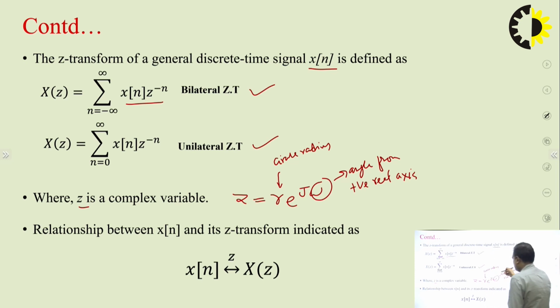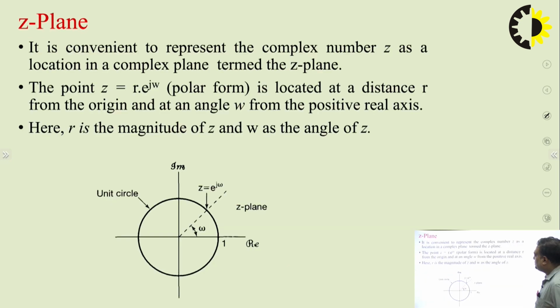This we will see later on also. So the relationship between x[n] and its Z transform is indicated like this. This is the general way of expressing the Z transform, and this is the symbol you can use. Now we will see the Z plane.